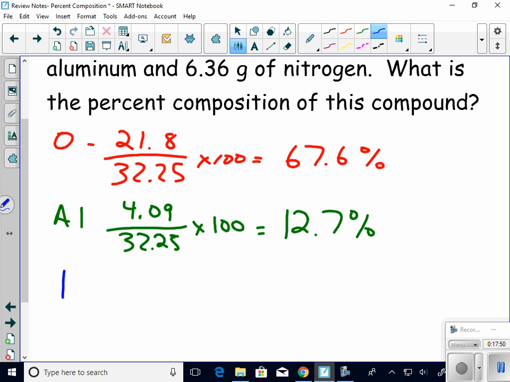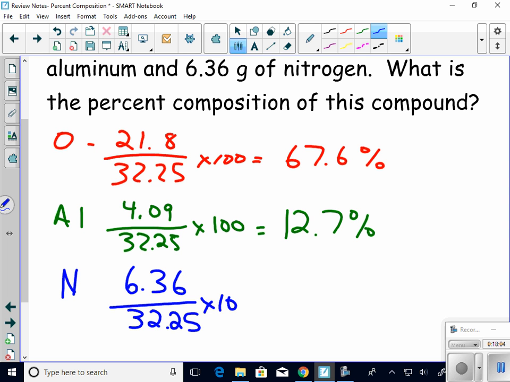Nitrogen, 19.7% nitrogen. And I hit 100 right on the nose when I do my check.